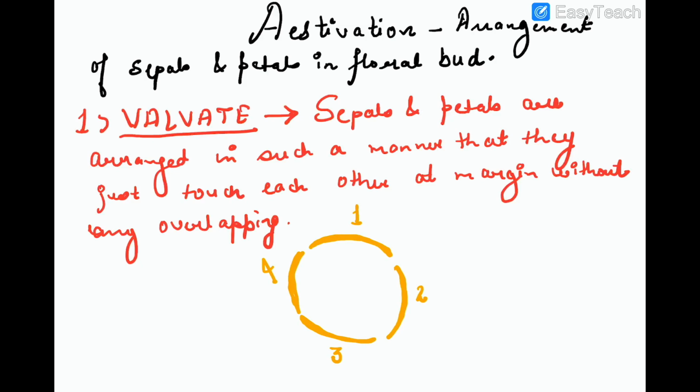So you can see the end of the first petal is in very close contact with the second, but there is no overlapping. So an estivation in which there is no overlapping and the margins of sepals or petals just touch each other is known as valvate estivation.